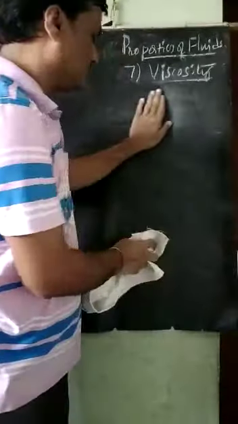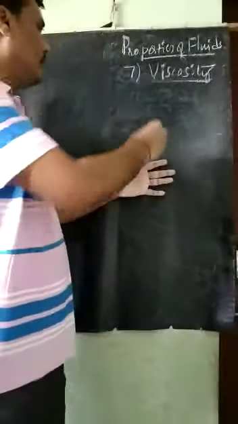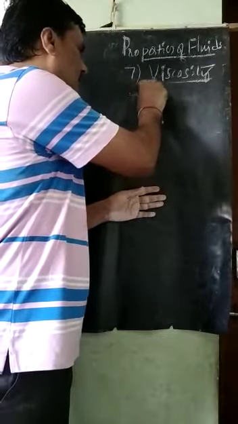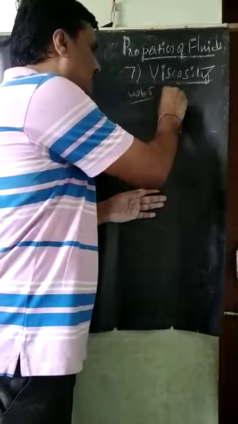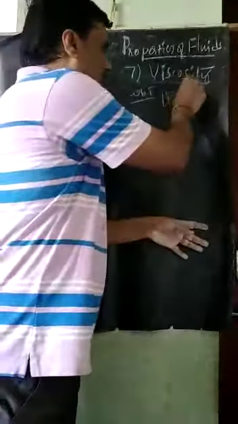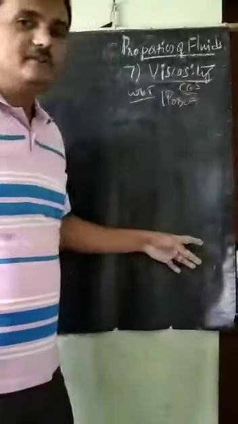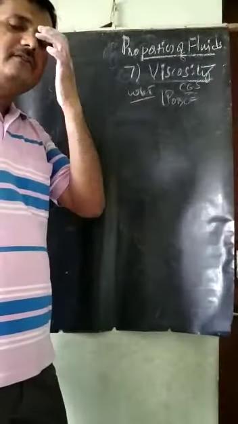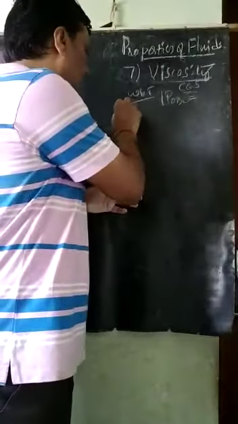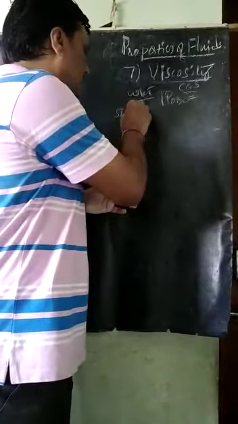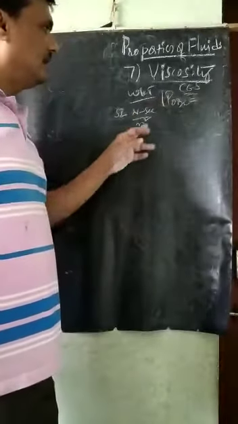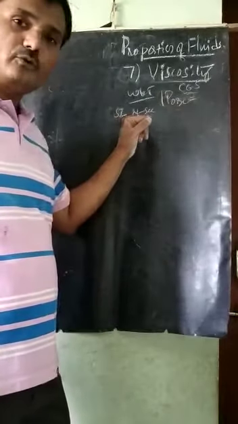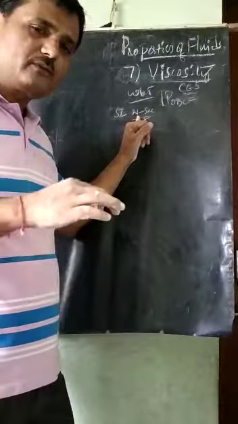So, proving this one. We know that 1 Poise is in CGS unit. As we know, in the SI unit, the unit of viscosity is Newton second per meter square. In CGS, how is force measured?